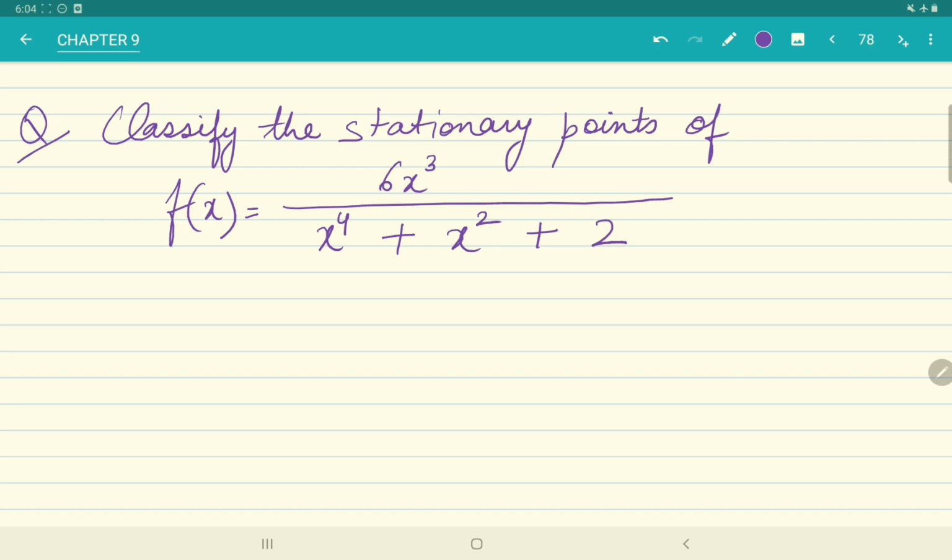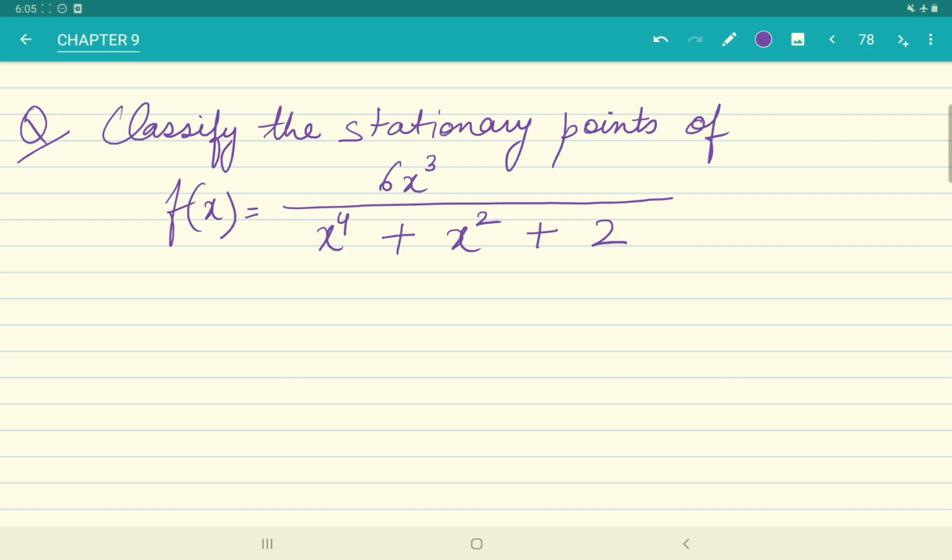Now in this case, obviously we have to first think of the domain of this function. That's the first step always.